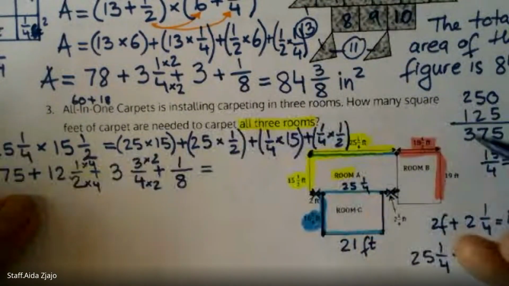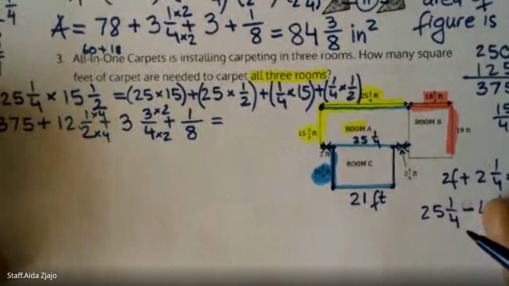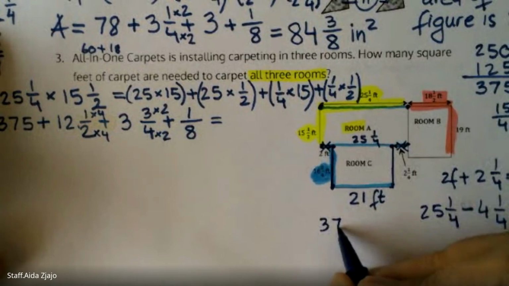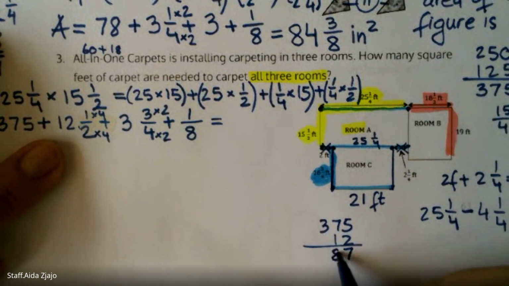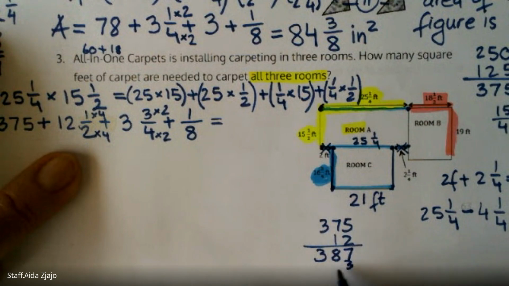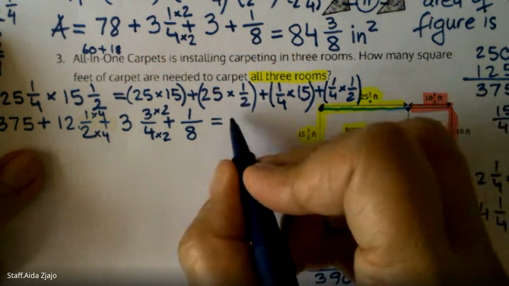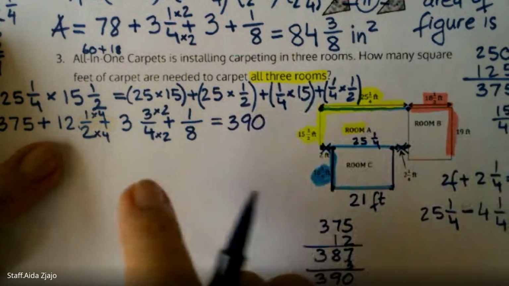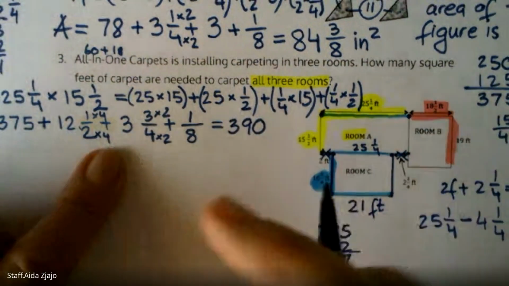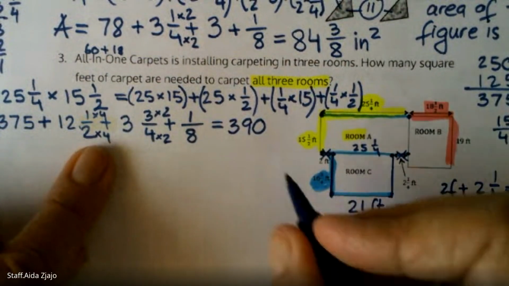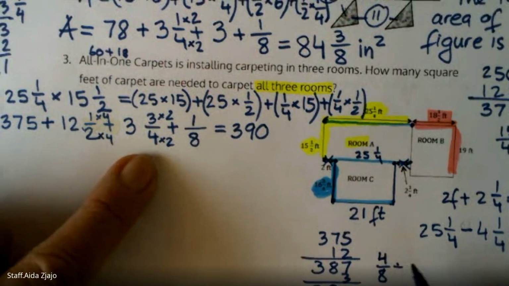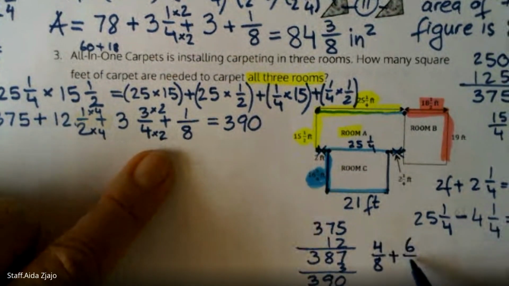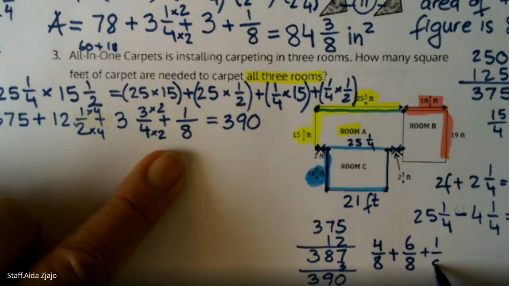So I got 375. 375 plus 12 is 387, plus 3 is 390. So that is 390. And then I have here 4/8 plus 6/8 plus 1/8.